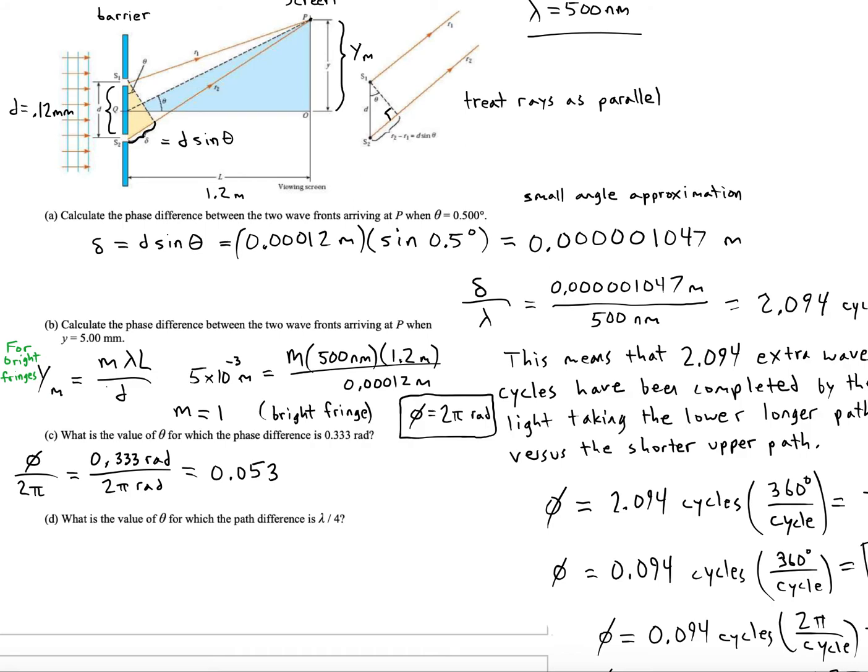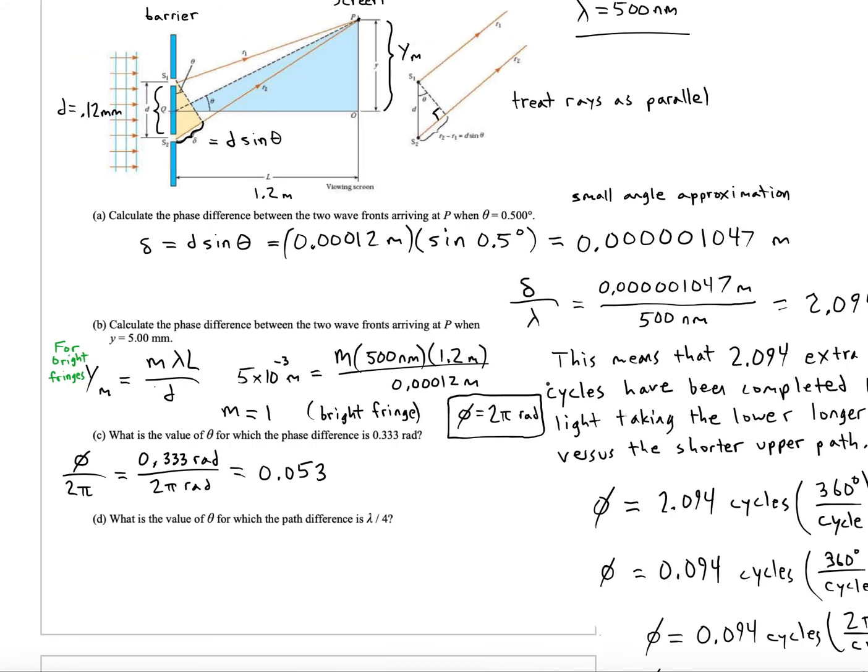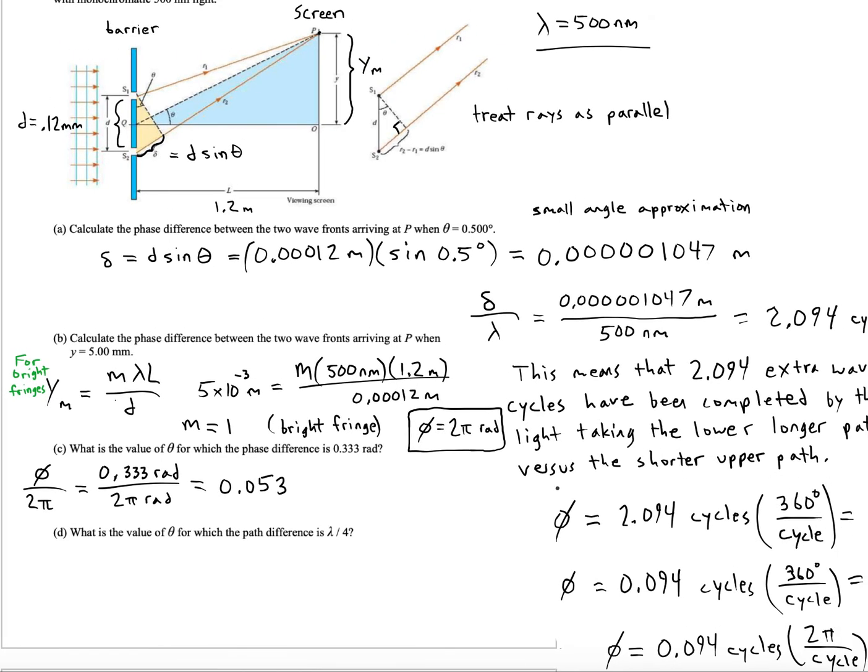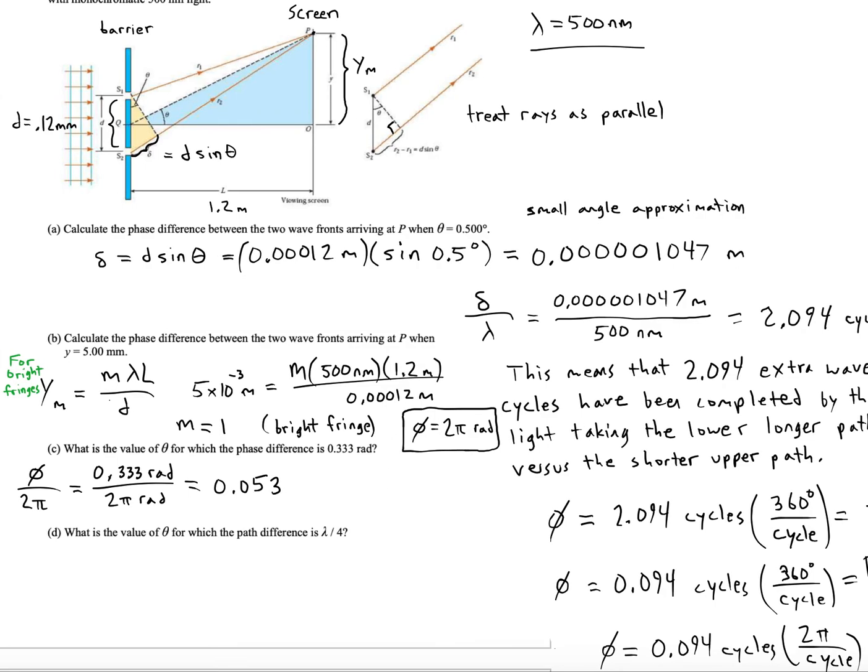So now we can look at our different formulas that we have for double slit. One of the formulas we have is theta m equals m lambda over d.